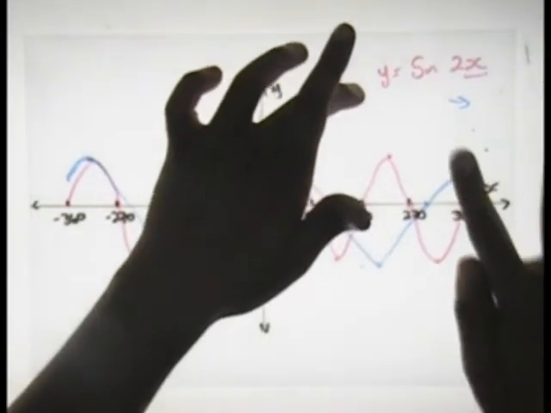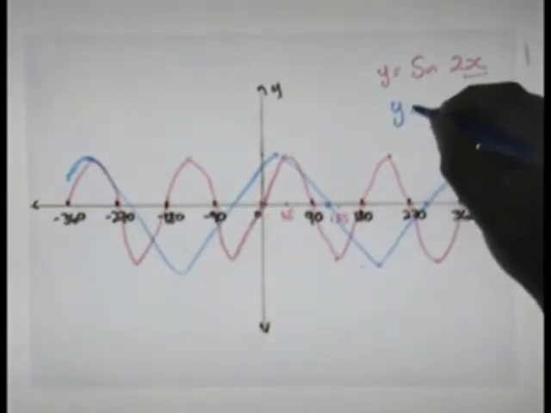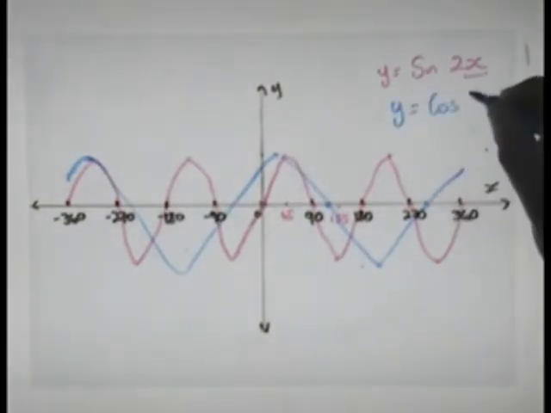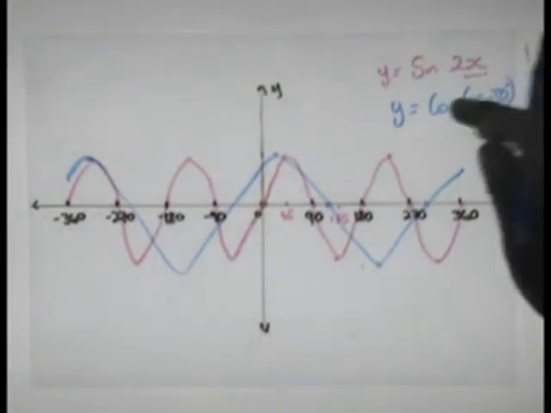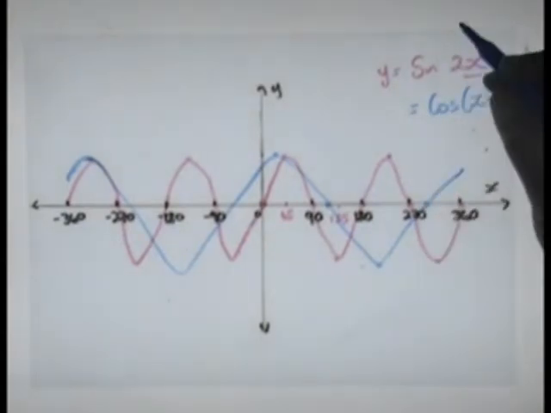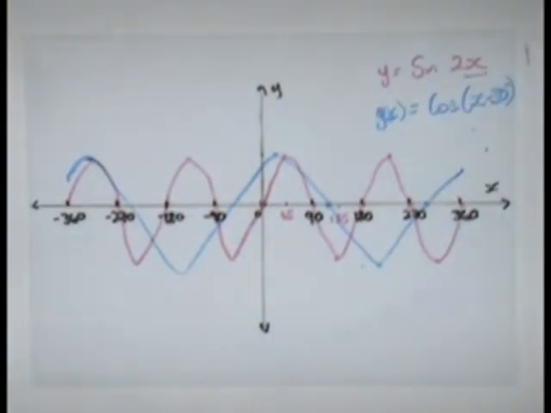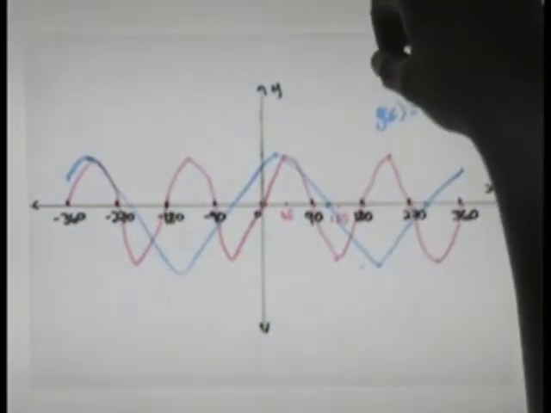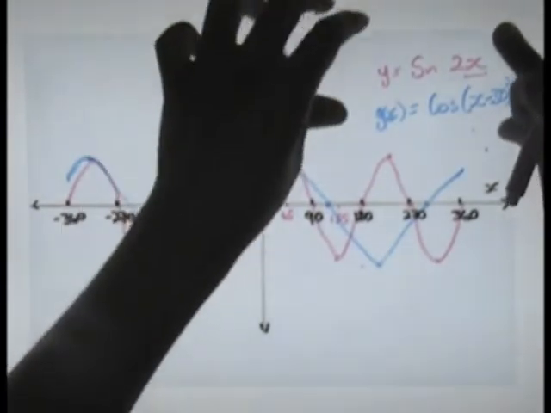I'll just rewrite that. And the blue graph is the graph y is equal to cos of x minus 30 degrees. Except the blue graph, we've now called it g of x, or the cos graph rather, and the sine graph, we've called it f of x.